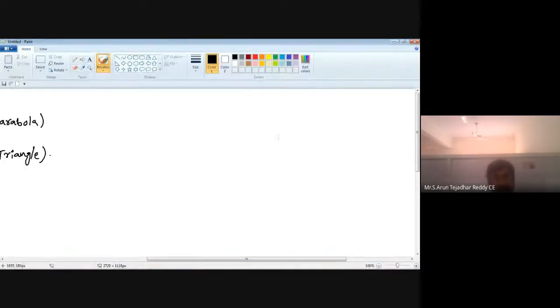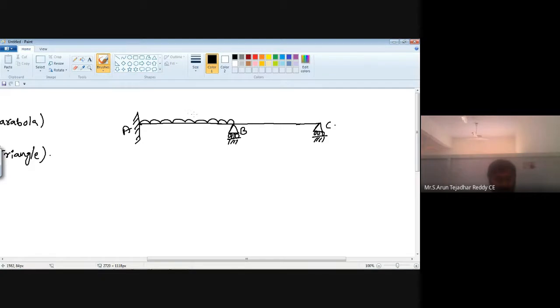See, first of all, draw the given diagram. A, B, C. It is UDL 20 kilonewton per meter.